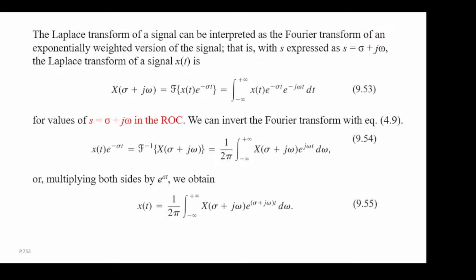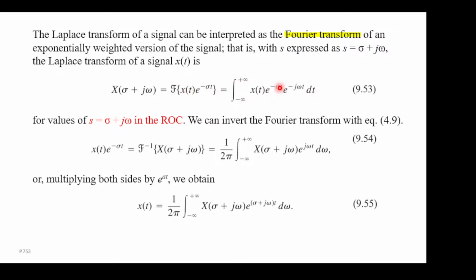We keep saying that the Laplace transform at some sigma is just the Fourier transform of x of t times e to the minus sigma t. So we have this thing: our Laplace transform at sigma plus j omega is the Fourier transform of x of t times e to the minus sigma t.